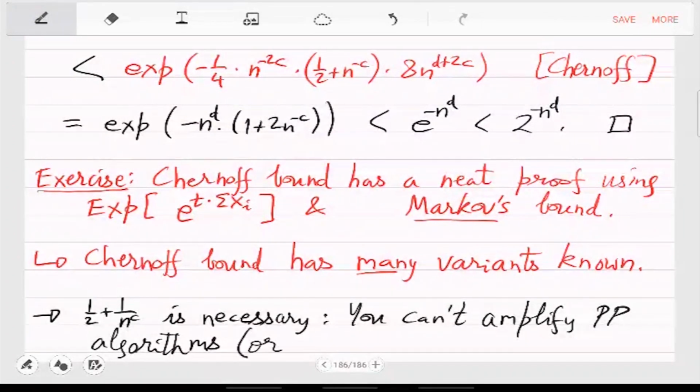Or even half plus 2 raised to minus n to the c. PP has only a guarantee of half success probability, and even if you have slightly more than that, half plus 2 raised to minus n to the c, that will not be enough. Because then you have to take k very large, so you cannot really amplify success probabilities which are very close to half, and the same thing on the error side. So you really need this inverse polynomial separation.